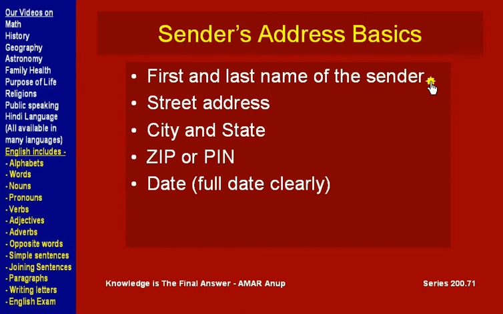So for example, 123 Main Street is a street address. After the street address is city and state. The fourth line includes the zip or pin code, whatever you call it in your country, and the fifth line is the date when the letter is written.